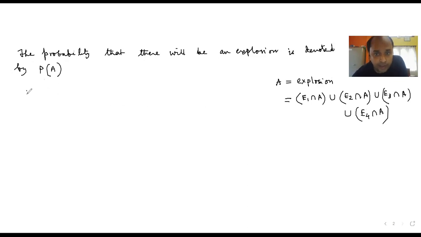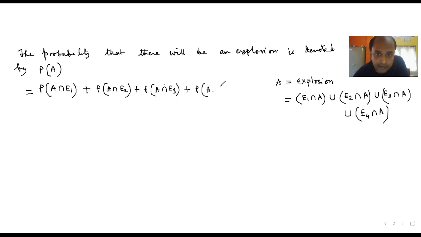So probability of A would be equal to probability of A intersection E1 plus probability of A intersection E2 plus probability of A intersection E3 plus probability of A intersection E4. Or you can write it as summation i goes from 1 to 4 probability of A intersection Ei.